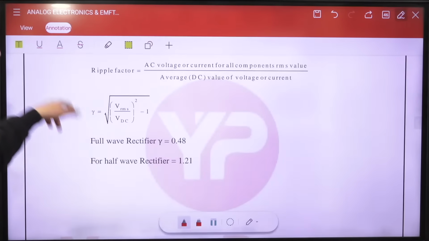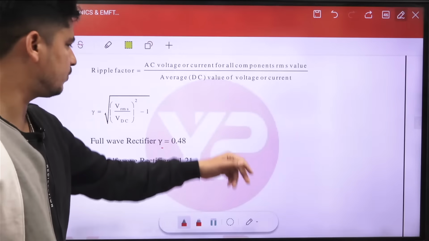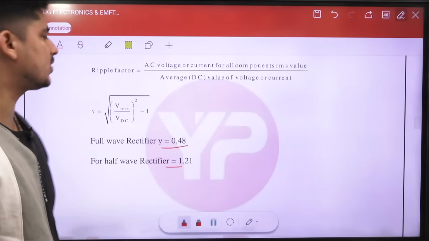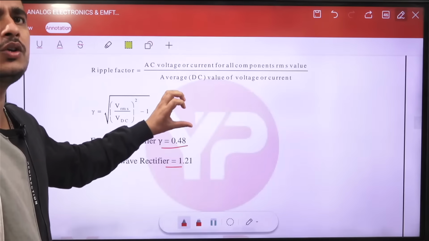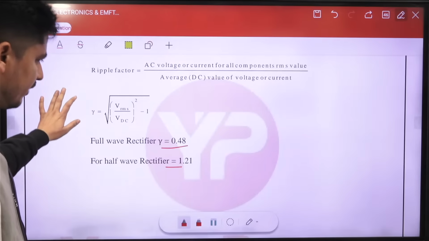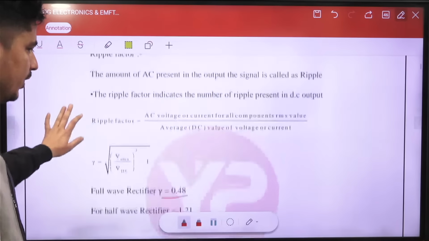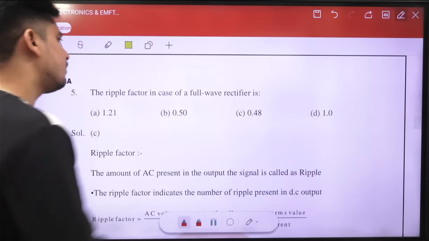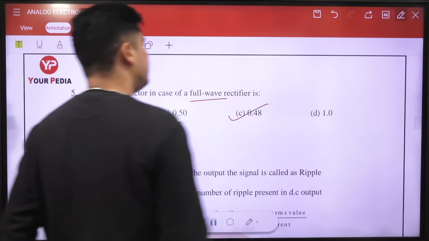For full wave rectifier it is 48%, and for half wave rectifier you have to memorize these things, because generally you don't need to calculate in the exam. So in full wave rectifier the ripple factor is 0.48, and half wave is 1.21. So for full wave rectifier the answer is 0.48.